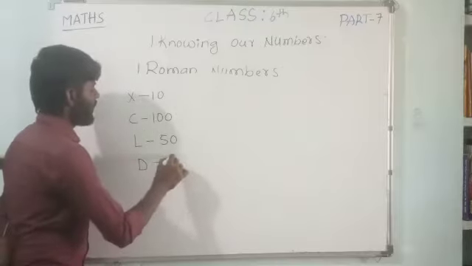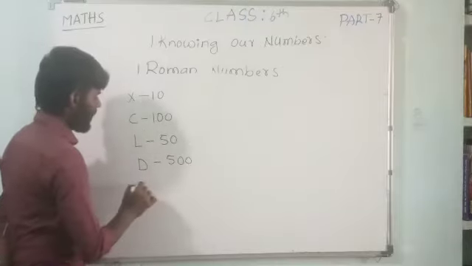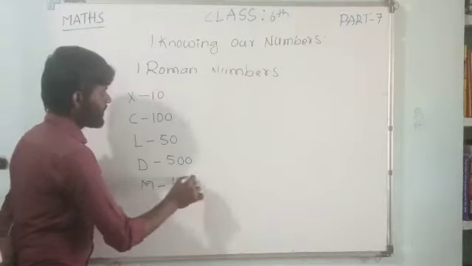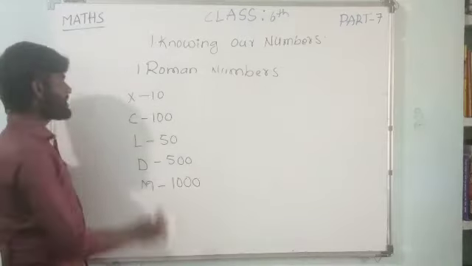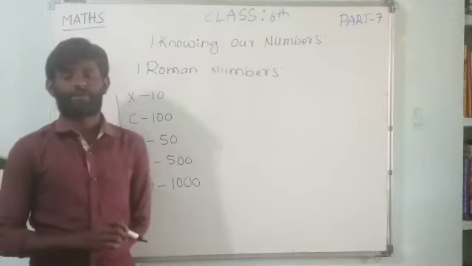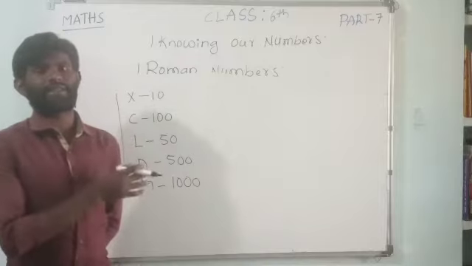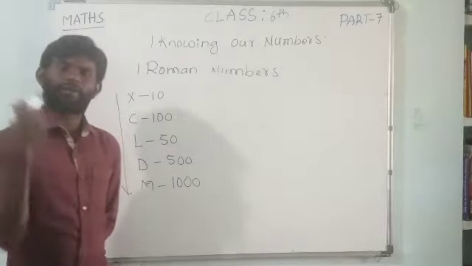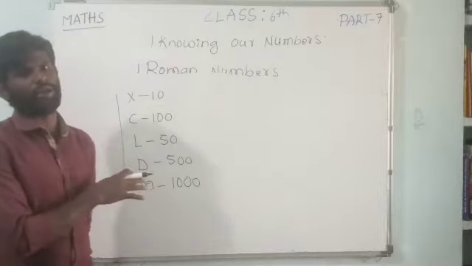D means 500. Then M means 1000. These are all very important standard Roman numbers. If we keep these in mind, then whatever numbers they give, we can write them. But these are very important.